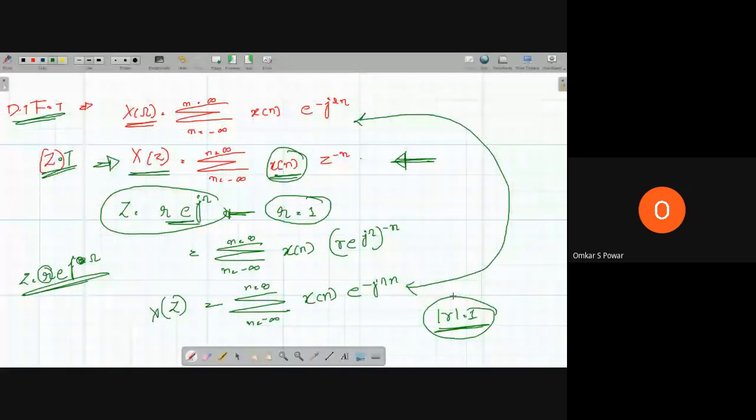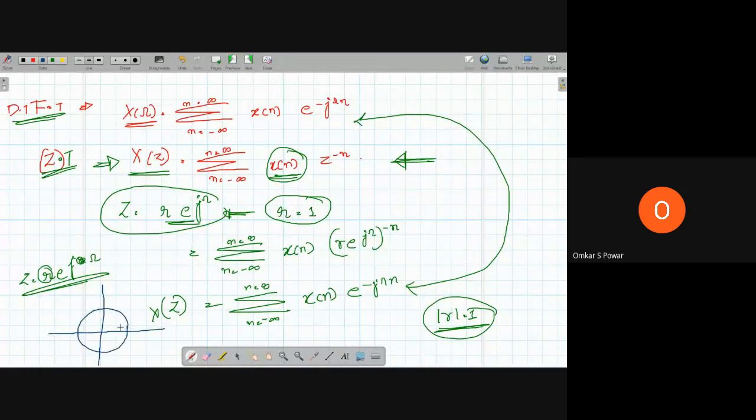So you have a unit circle, with r equal to 1 and some angle omega, and this is rotating. This is your real part of z and this is your imaginary part of z. Your Z transform is going to transform your signal into this circle with radius r and angular frequency omega.